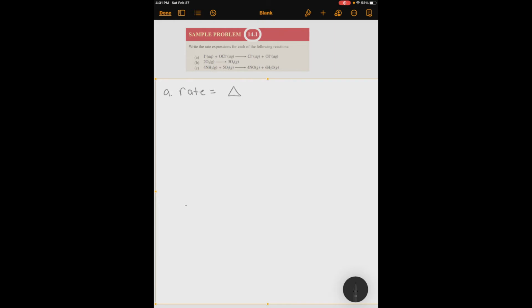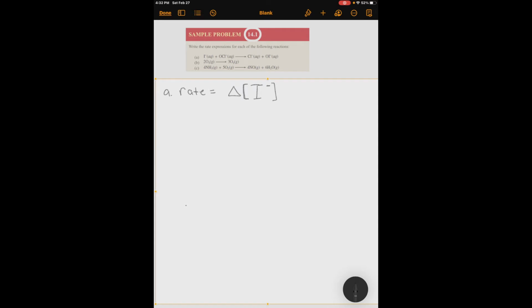You've seen that in Chem 11, change in temperature, change in volume. For concentration, we're going to use bracket notation, so we use square brackets here. And you can write the rate expression for any reactant or any product. So I'm going to put the first one, which is the iodide.